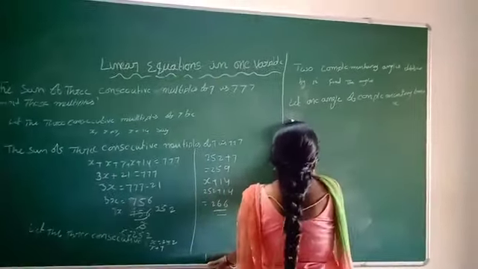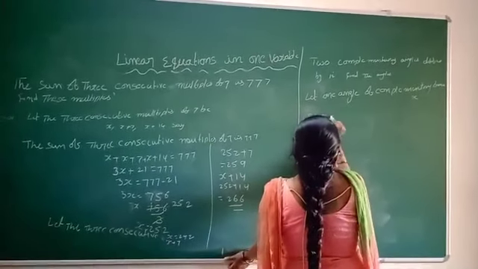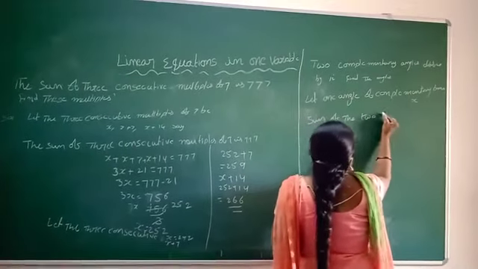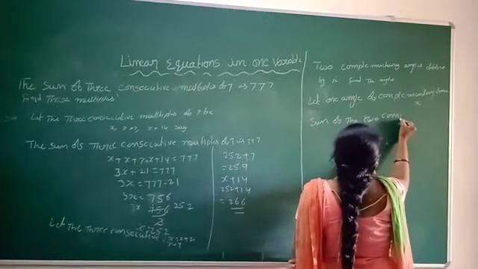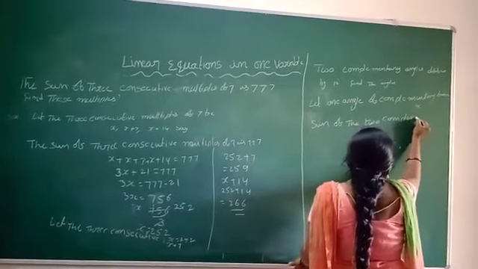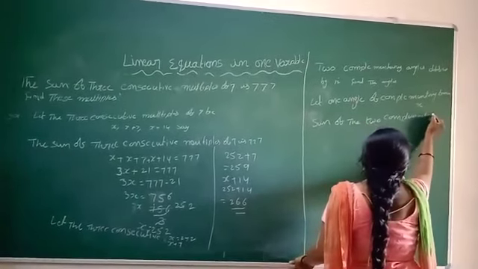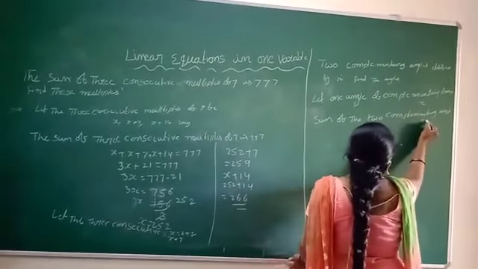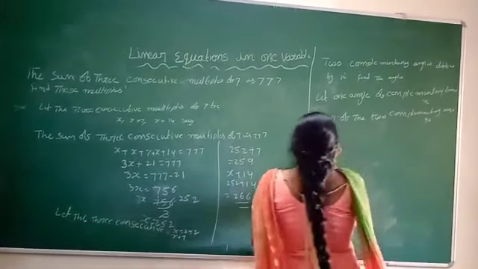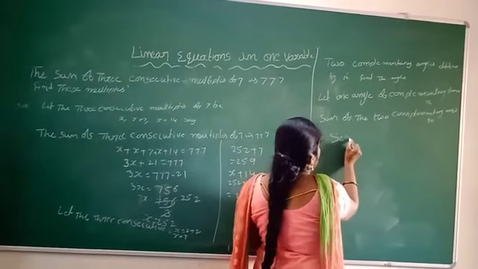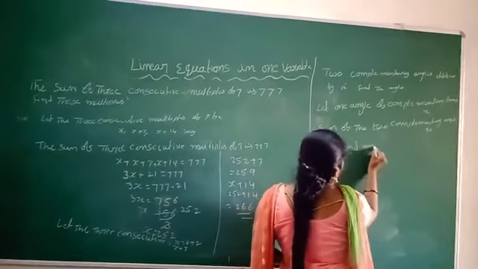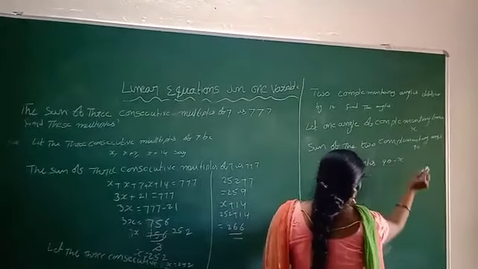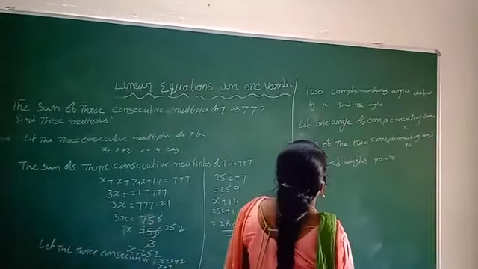Next, the sum of the two complementary angles is 90 degrees. Next one, the second angle is 90 minus x. 90 minus x.